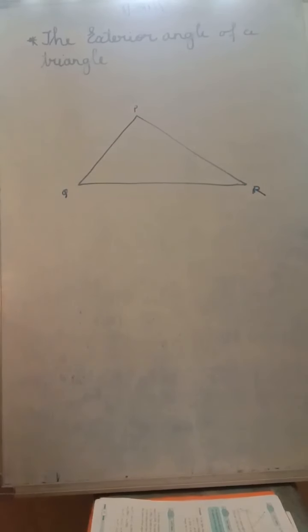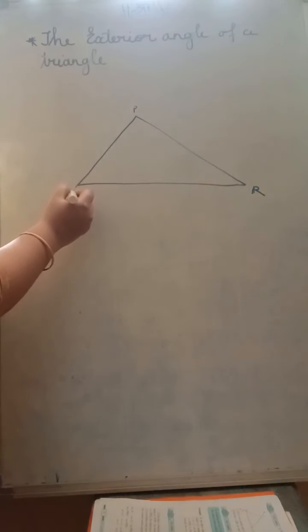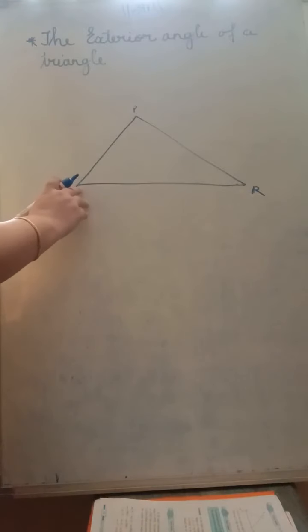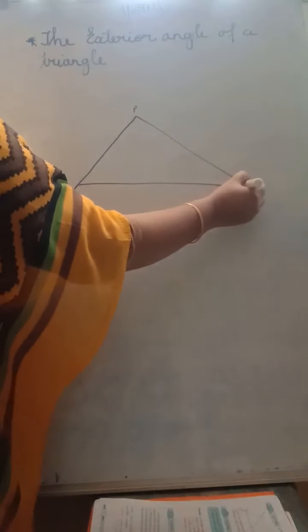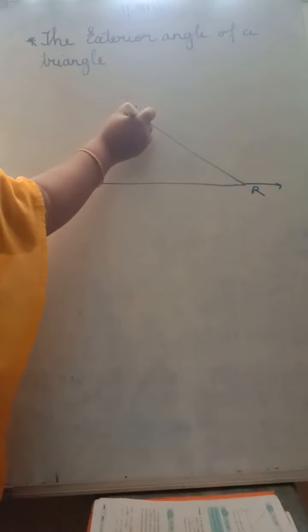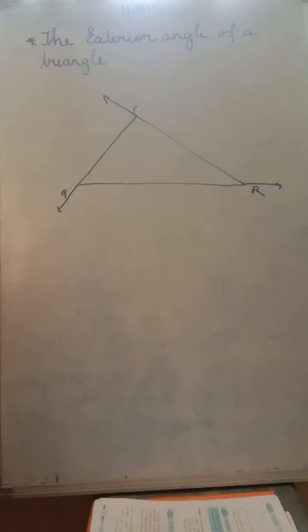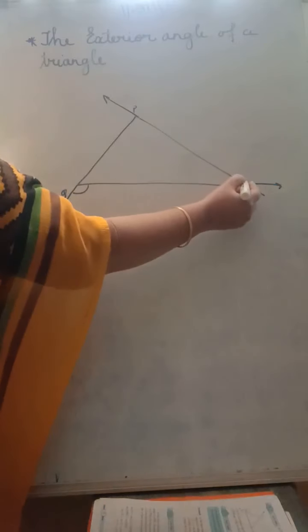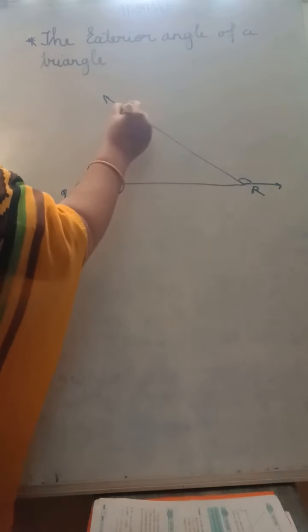Now in the figure you can see triangle PQR. If we extend the side PQ downwards in this direction, and then extend line QR towards the right-hand side, and side RP in this way, we get exterior angles 1, 2 and 3.